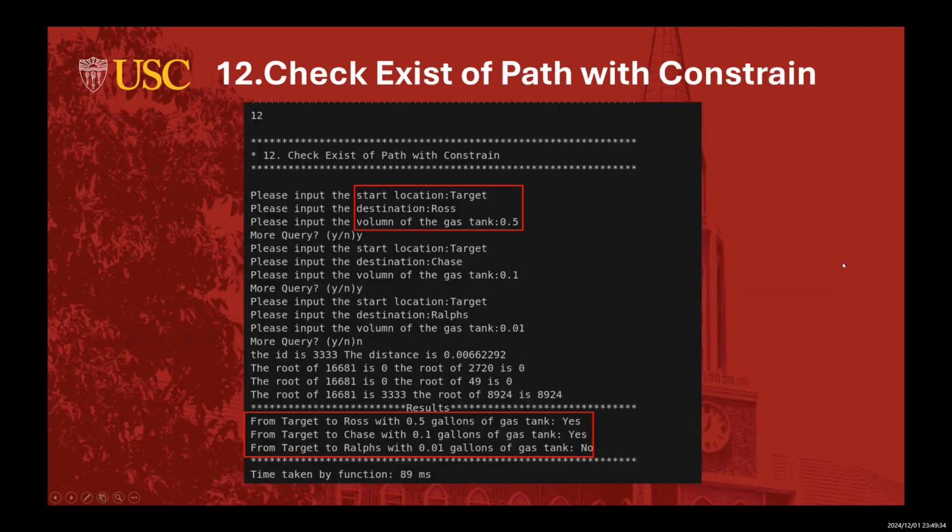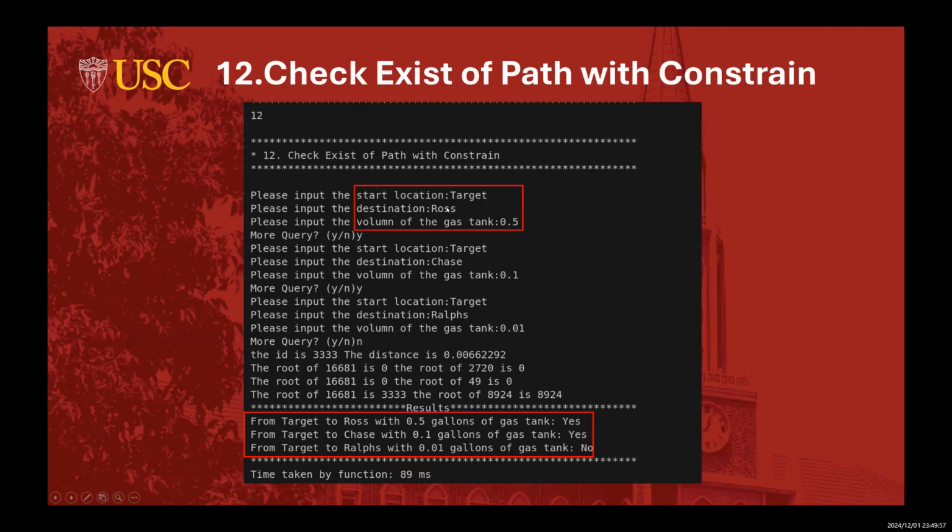And the last function is to check the existence of a path with constraint. In this section, we input some pairs of start location, destination, and the volume of gas. Then the program will return whether we can use the volume of gas to go from the start location to the destination.